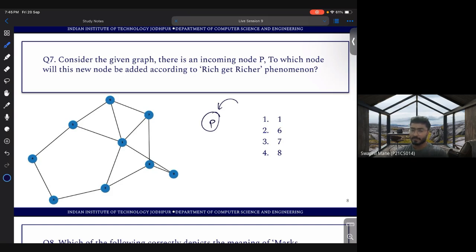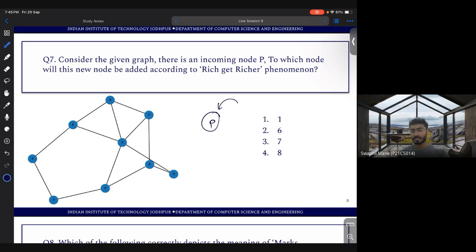Already we have discussed in the first question how the new node connects to the existing nodes by considering the rich get richer phenomenon. It is connected by following the principle of preferential attachment.